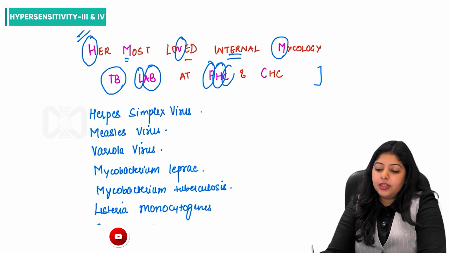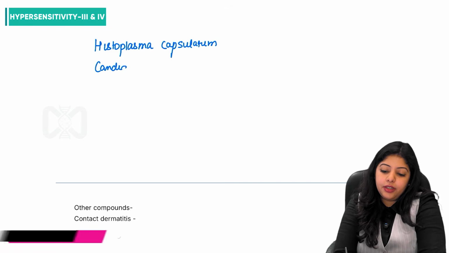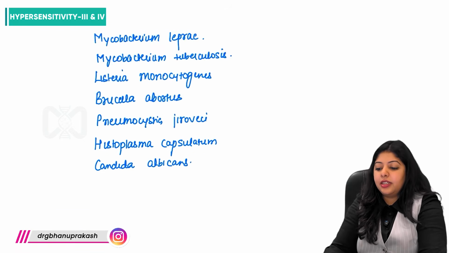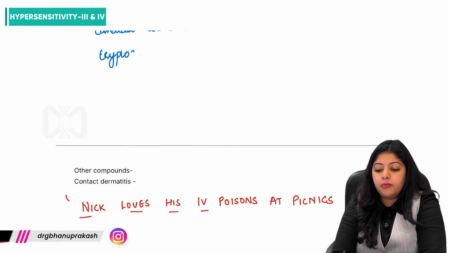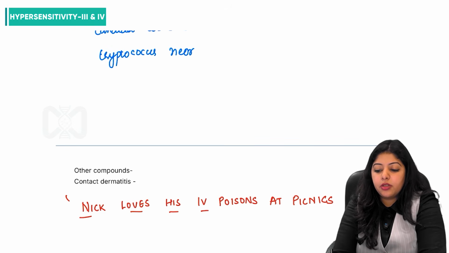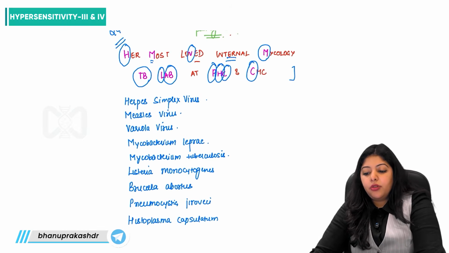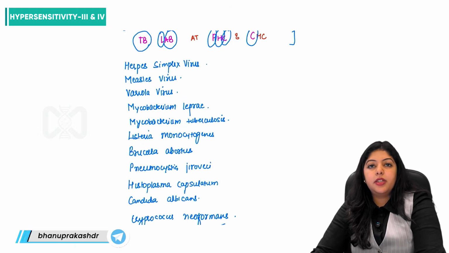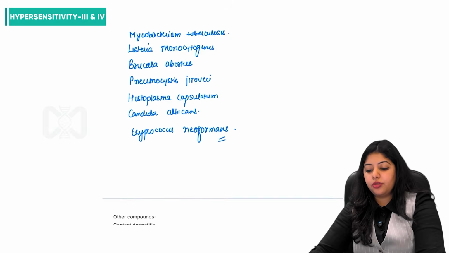Then another C stands for Candida albicans, and the last C stands for Cryptococcus neoformans. A very important section from hypersensitivity 4. So you must remember these intracellular pathogens.